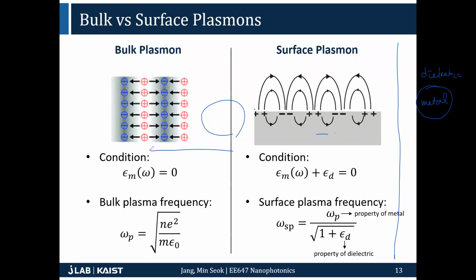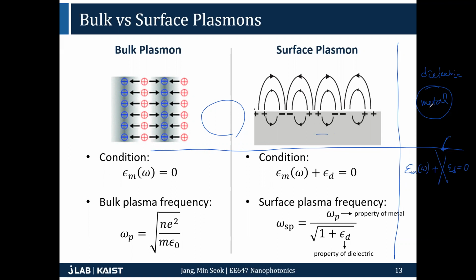In this case, if somebody says the resonance condition is epsilon m plus some factor x multiplied by epsilon d equals zero, what do you think about this factor? Do you think this factor x is going to be larger than 1 or smaller than 1 based on the geometry? What would you say?